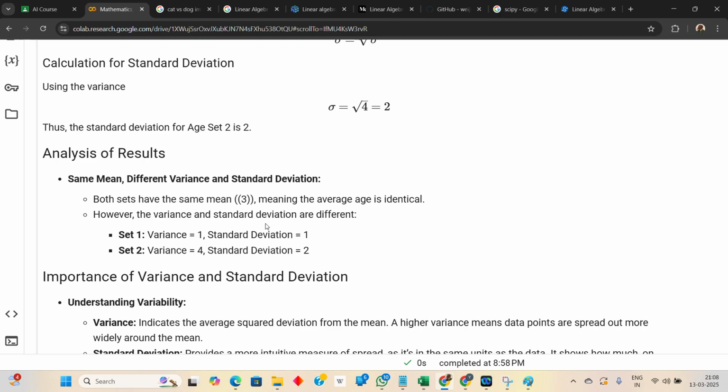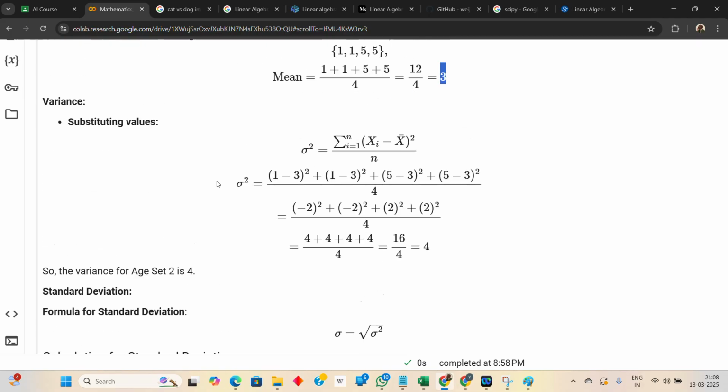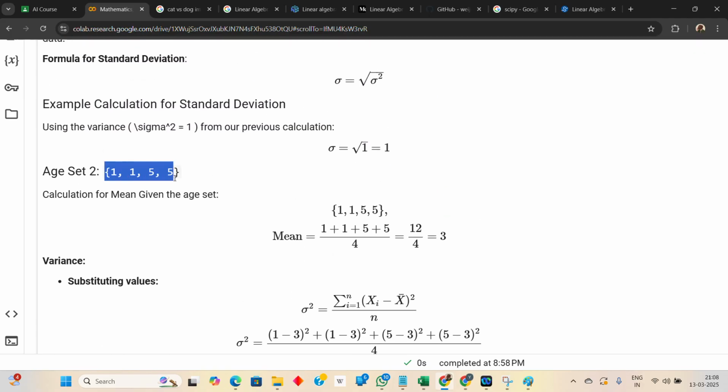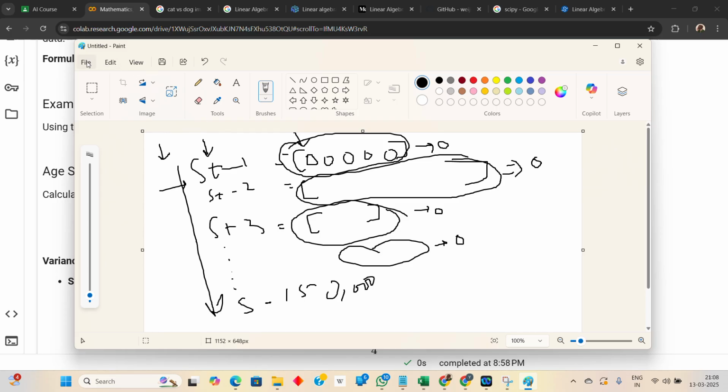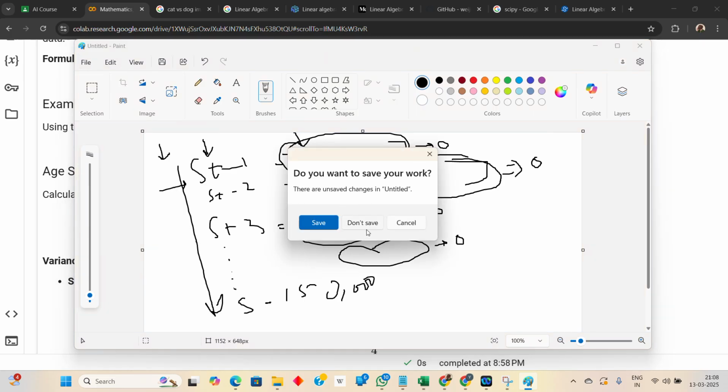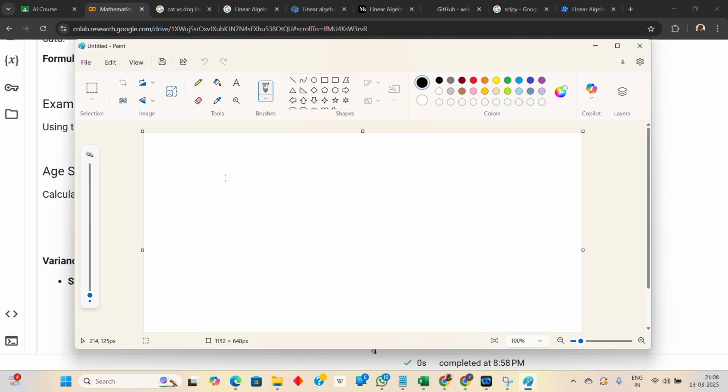How exactly will it help you see the spread of the data? For example, the data points are these. Let me show you. See, these concepts may feel boring, but they are core mathematics. We have to understand the importance in real-life analysis. So 1, 1, 5, 5 are there, right?